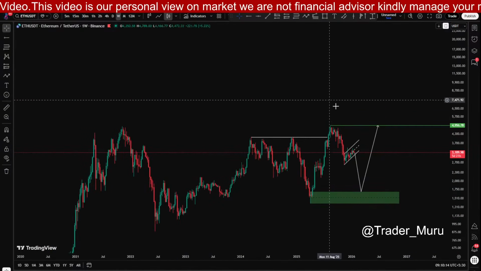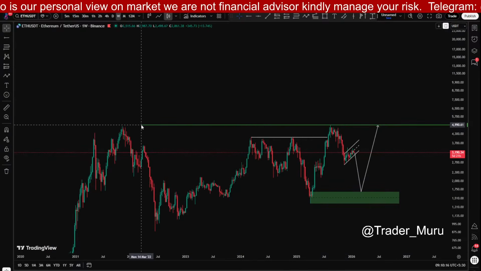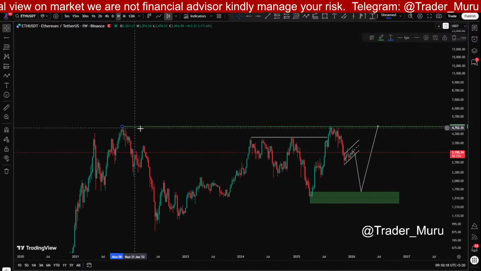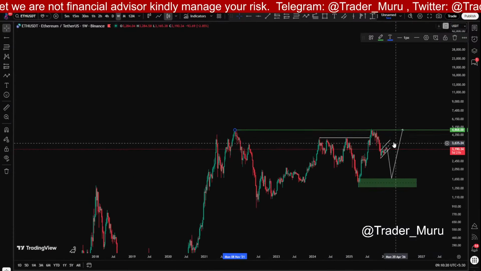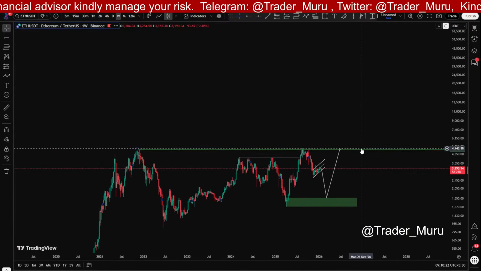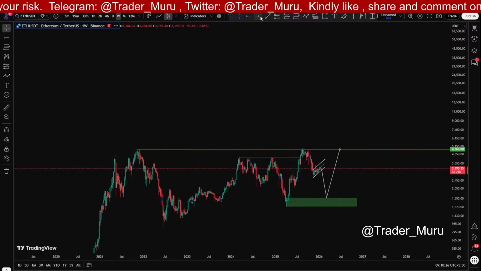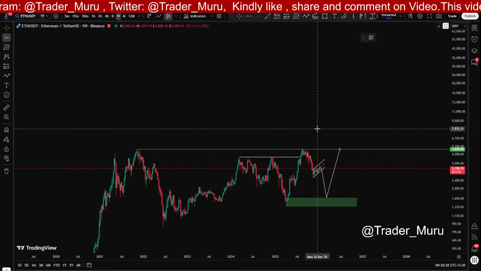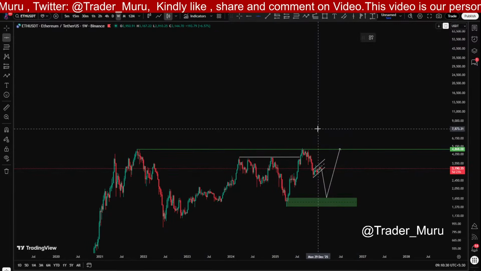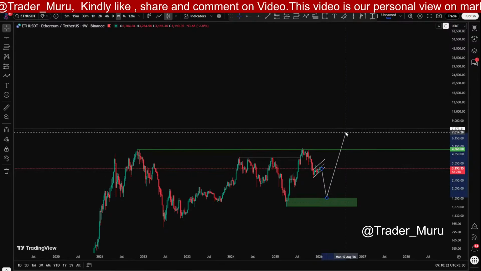and on the break, because this is a yearly resistance, so on the break of this 5,000, you will see Ethereum near about 7,500. This will be our next ATH in Ethereum.